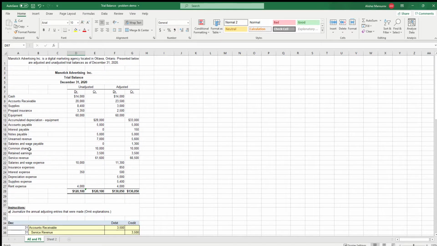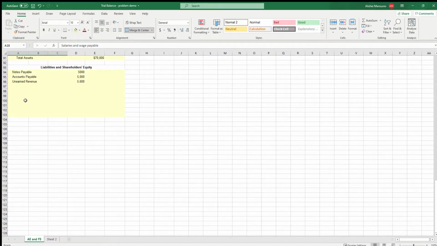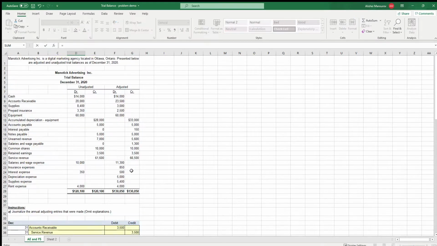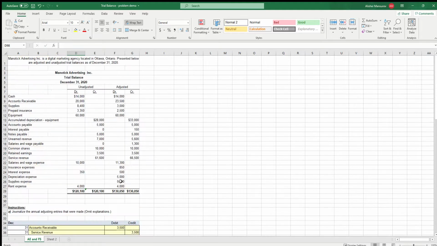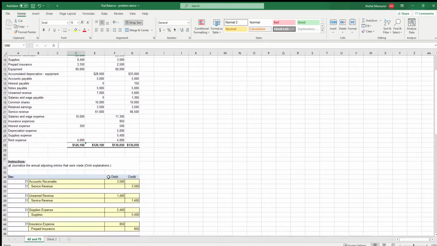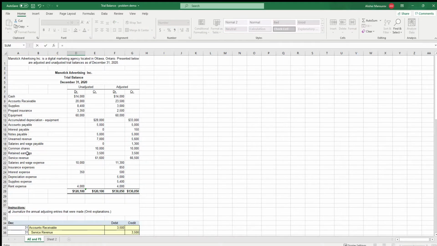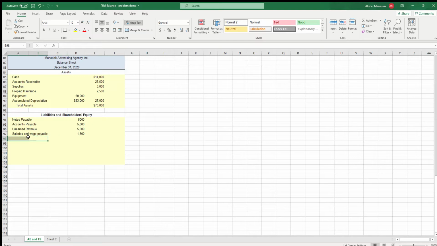And I think I also saw salaries and wages payable, so we'll put that one here, and the balance there was 1,300, sorry about that.